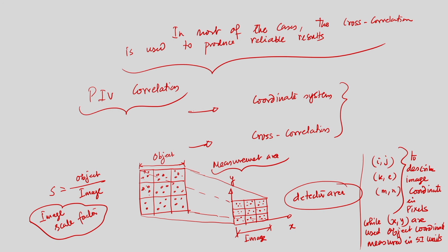So, x and y are the object coordinates which are measured in SI units, while the symbols i comma j, k comma l, and m comma n used in this schematic, which is very important, describe the image coordinates in pixels.